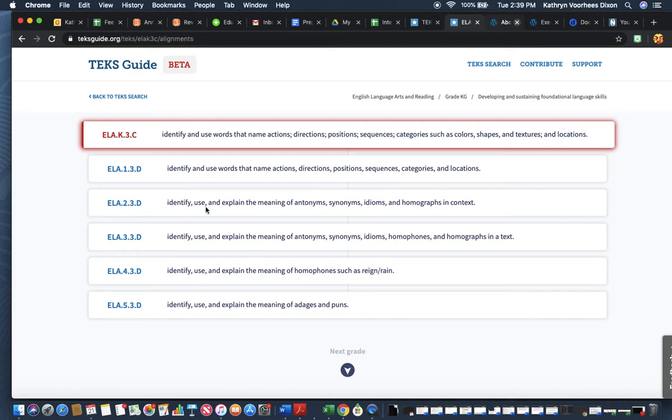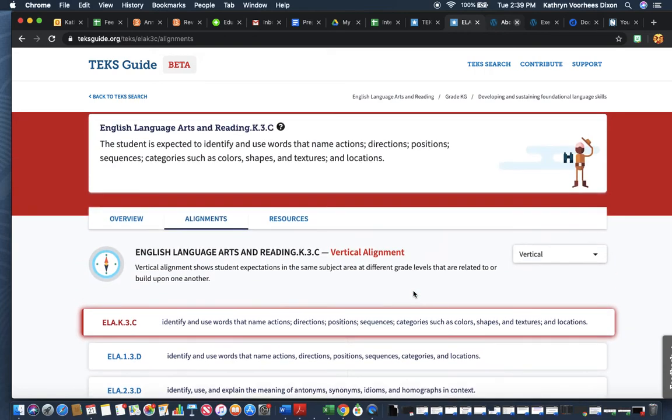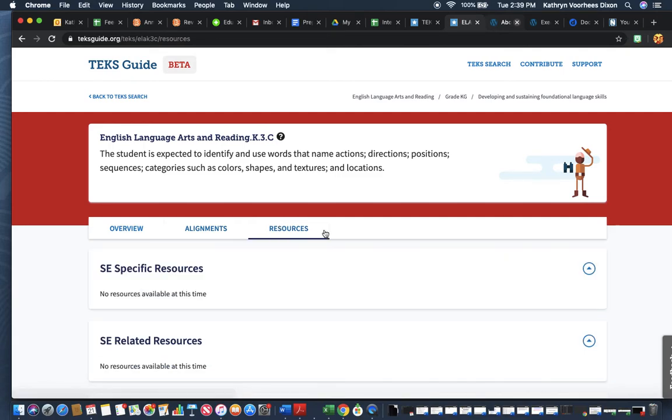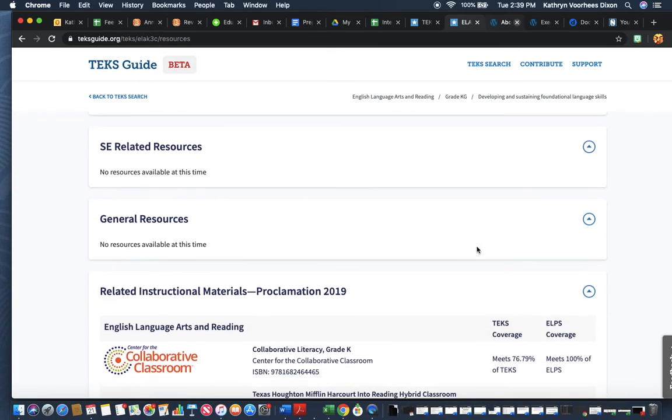Then we go to identify, use, and explain the meaning of. And then that's when we bring that layer of meaning in the morphology to all of those other grade levels. And then finally, we have some resources here.